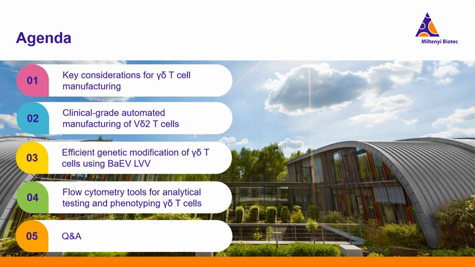Next, we will have a closer look at the workflow we have developed to manufacture particularly one gamma delta T cell subset, as well as how we can implement efficiently genetic modifications into these cells. Finally, we will have a look at some flow cytometry tools for analytical testing and phenotyping of these cells. And of course, we will have some time for questions.